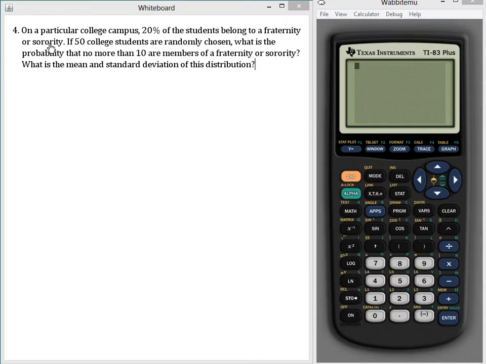Okay, so now that we know that, there's choices we need to make. We have the Binompdf function, and we have the Binomcdf function. So we kind of have to choose between those two. Now the Binompdf finds the probability of a single event.